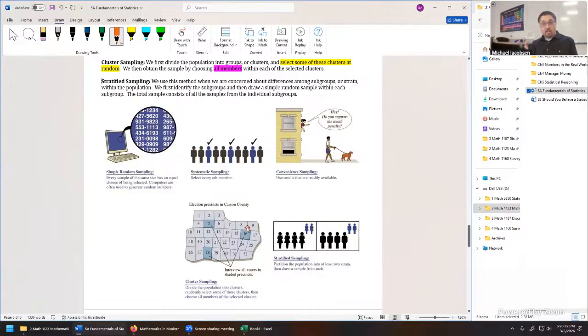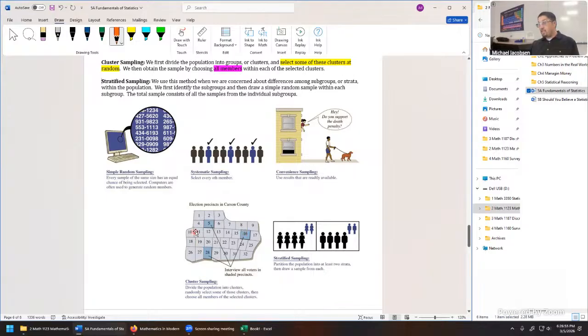Looks like the population itself must be Carson County, whichever state that happens to be. I'm not too sure. So if we want to have a representative sample of Carson County, they broke it up into these 32 precincts. Then they randomly selected 3 different precincts inside that county.